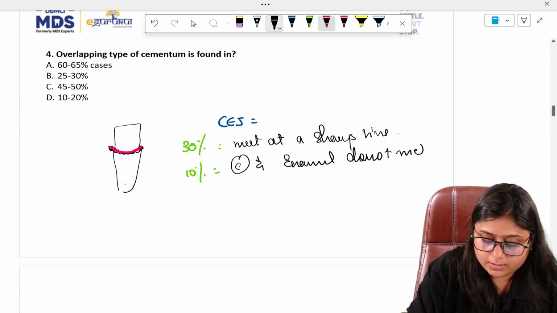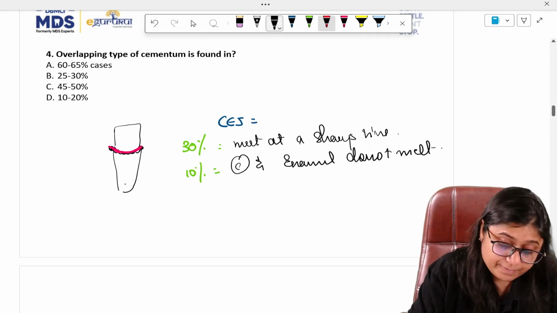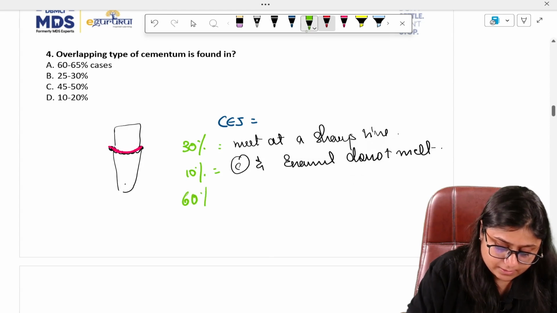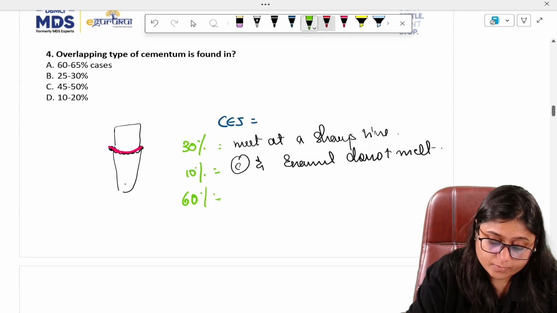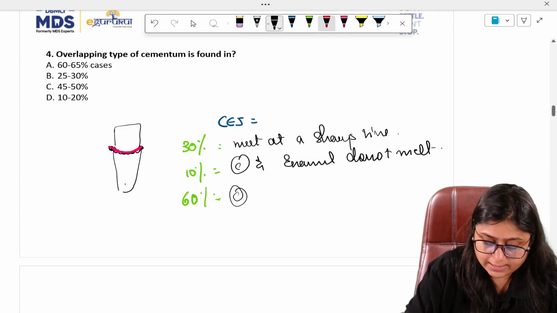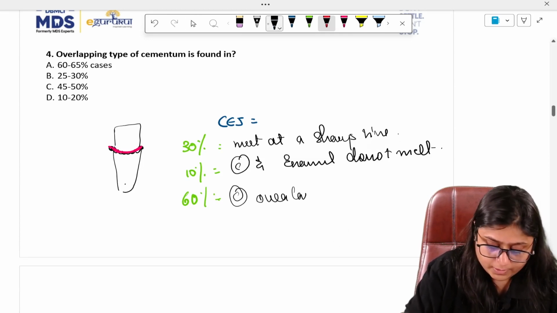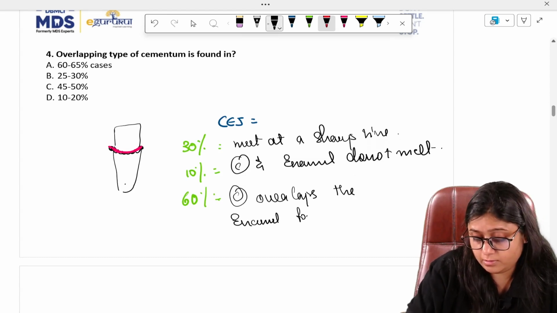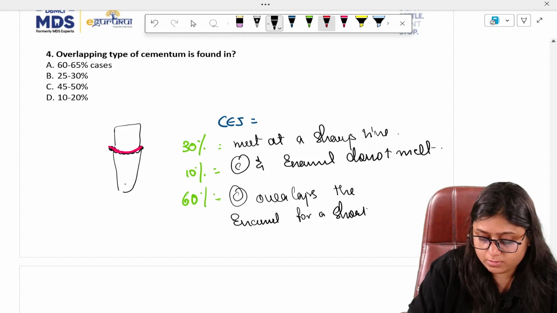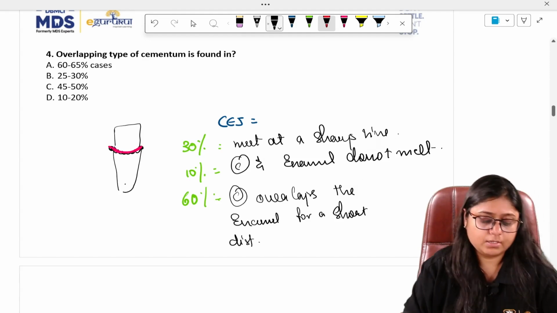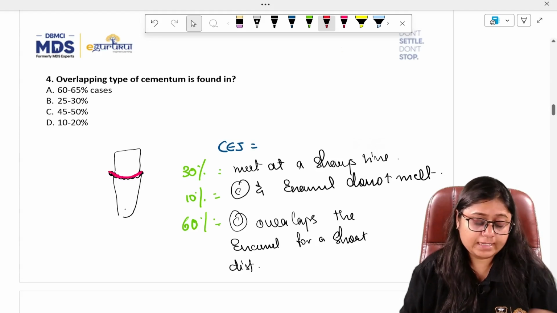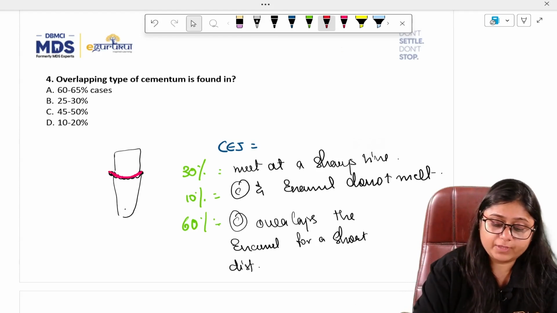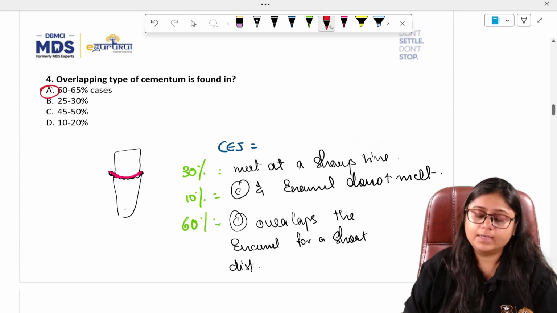And in 60% of the cases, the cementum overlaps the enamel for a short distance. So, here overlapping type of cementum is found in approximately 60 to 65% of the cases. The answer to this question is this.